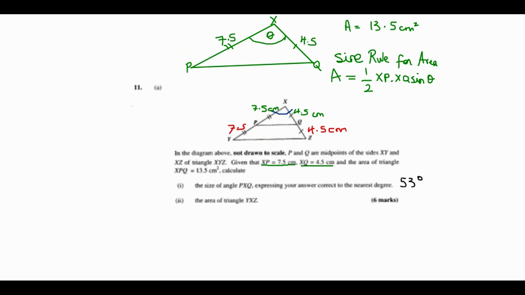Alright, and to utilize the property of similar triangles, what we're going to do is obtain the scale factor. Okay, if we can obtain the scale factor, there's a relationship between the areas of these triangles according to that scale factor.